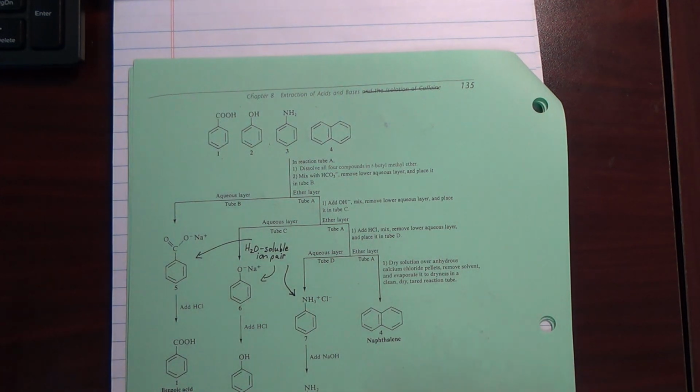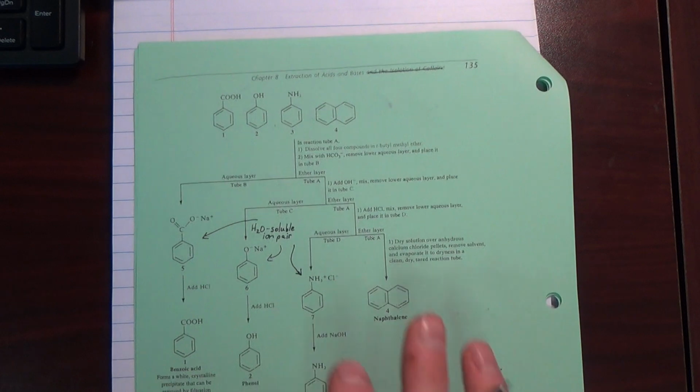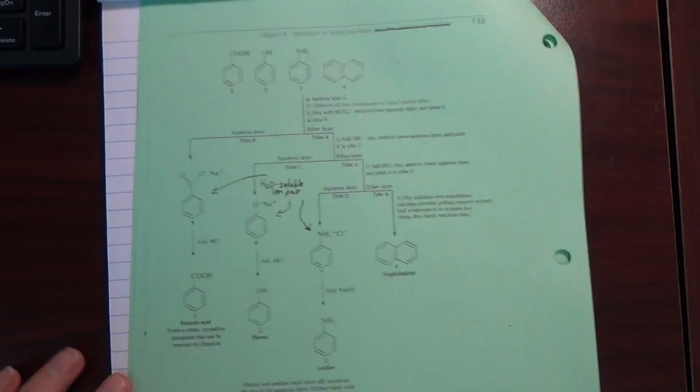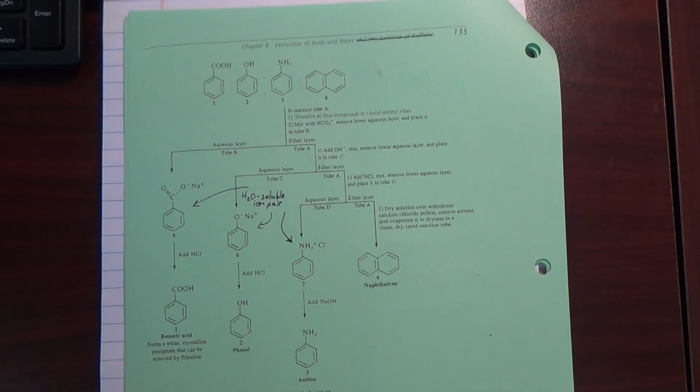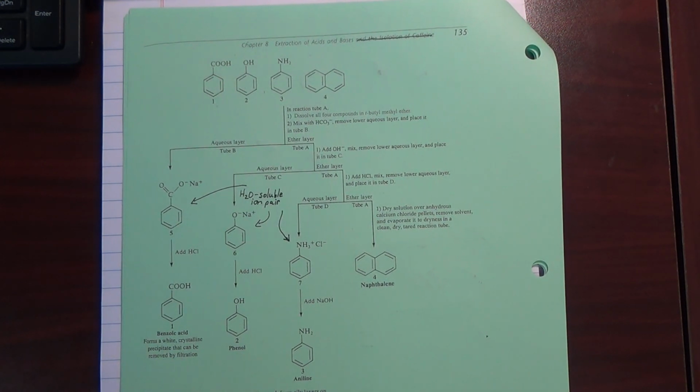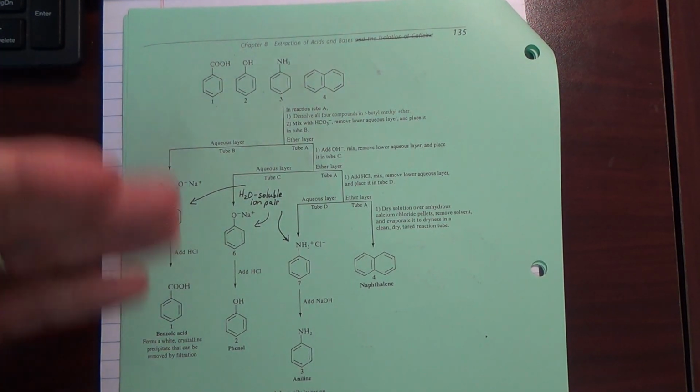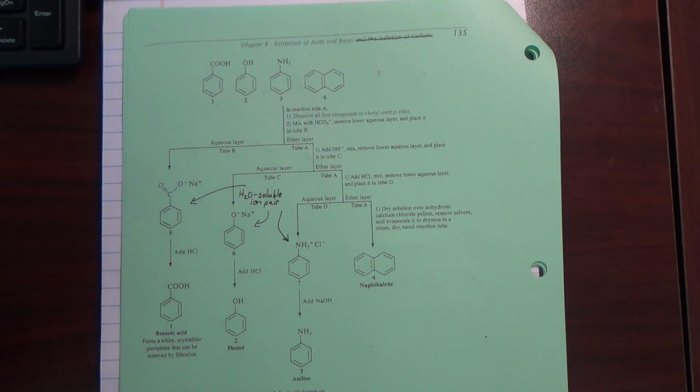Then we can separate the layers and you will have isolated that one compound from the others. Okay? Again, very important information here that's based upon knowledge of acid-base chemistry. But also based upon our knowledge that ions are more soluble in water typically than neutral organic solvents.